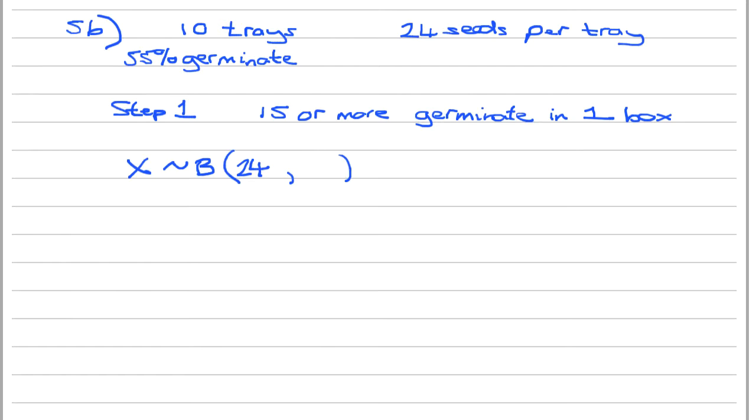And the probability that they germinate is 55%, so our p is going to be 0.55. Now we want to find the probability that X is greater than or equal to 15 of those seeds germinate in that box using the binomial.